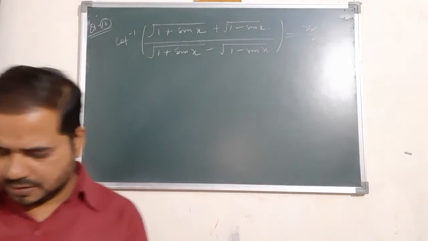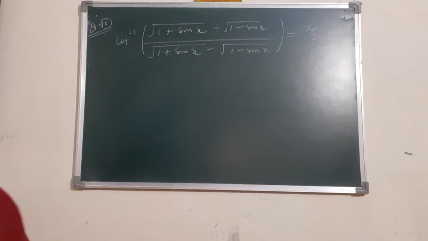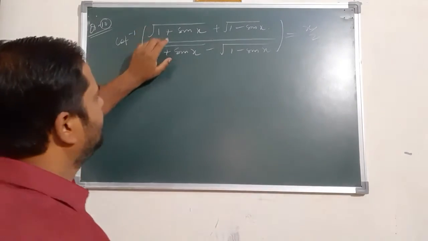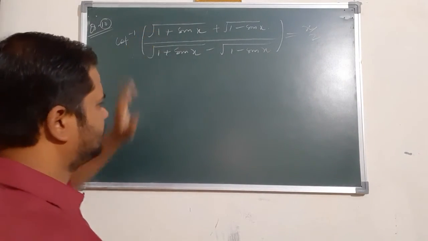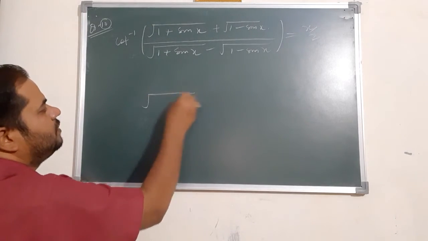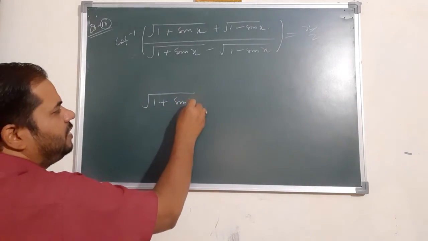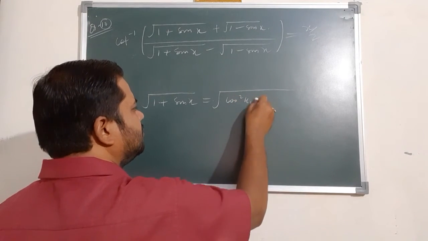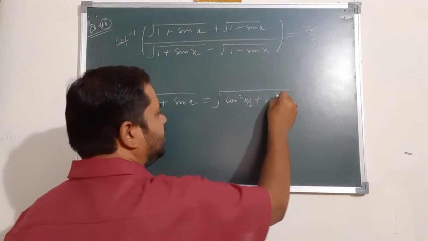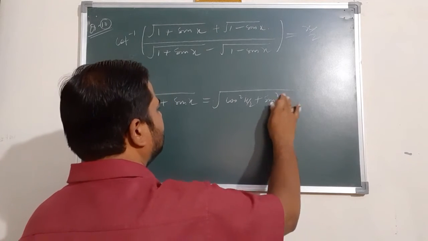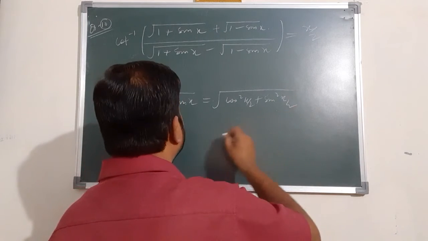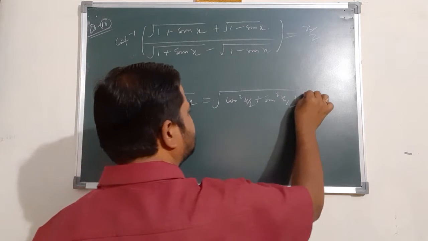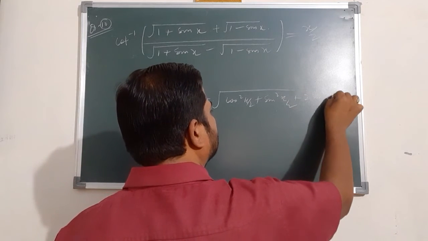Okay. So in this question, if we use the half angle, suppose first we explain root of 1 plus sin x. You know very well what we can write. This is nothing but cos square x by 2 plus sin square x by 2, and this sin x can be written as 2 sin x by 2 cos x by 2.